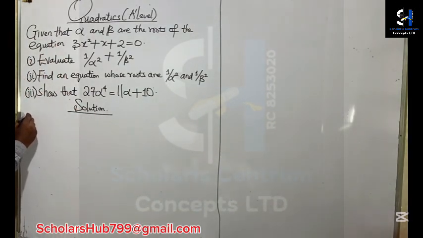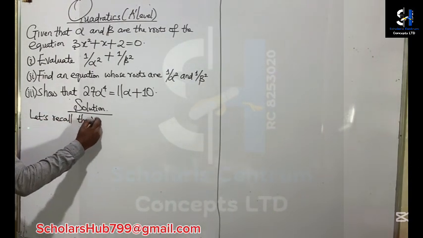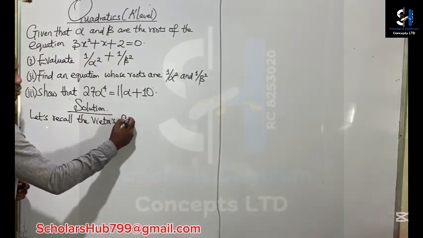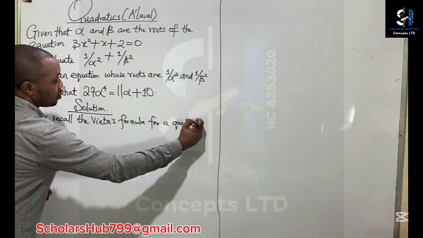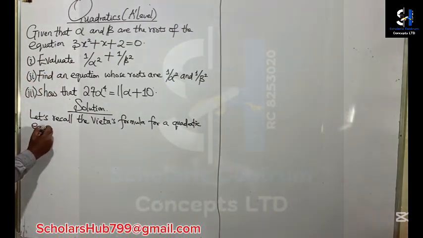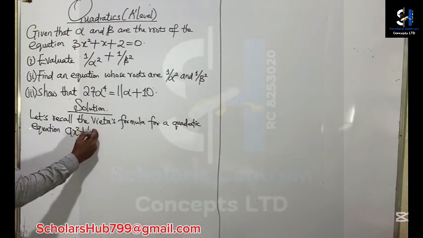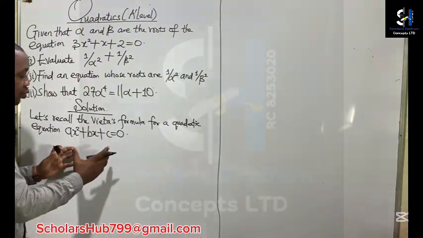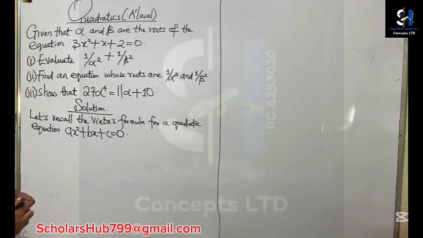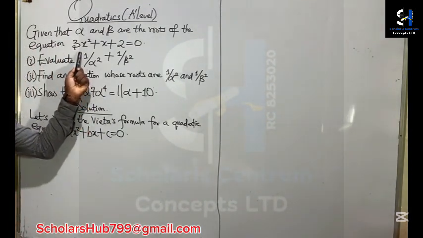The general quadratic equation is ax squared plus bx plus c equals 0. To use Vieta's formula, we need to find the sum of roots and the product of roots.